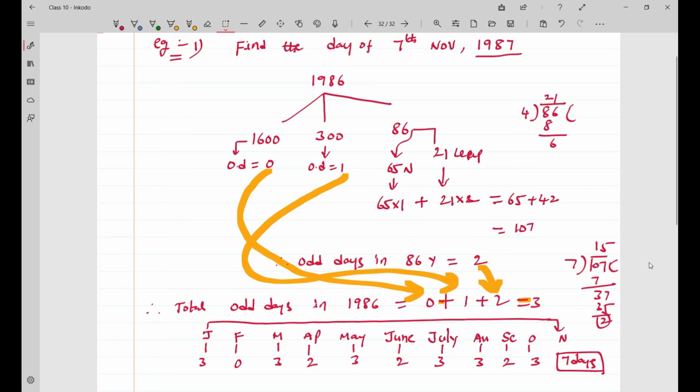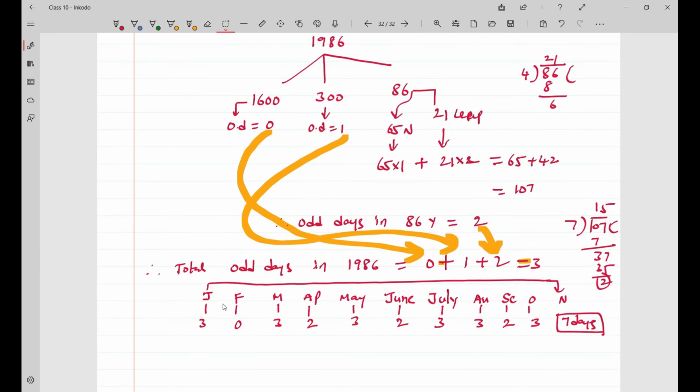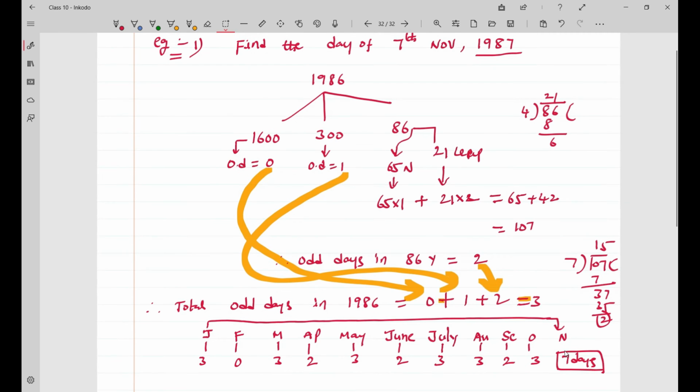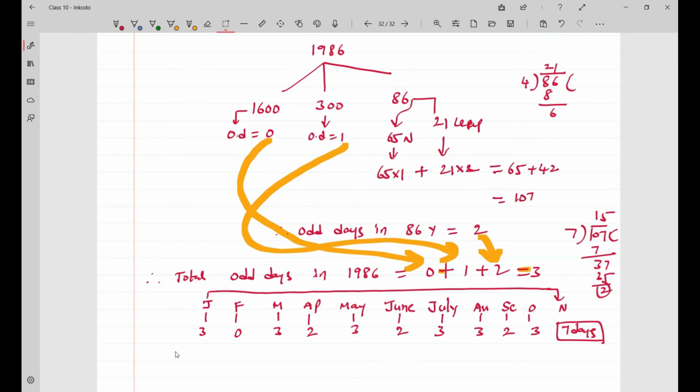We need to find out the day of 7th November 1987. So in 1987 we will write odd days till October only. After that in November we will take 7 days. We are not supposed to take odd days in November because November is not completed. So let's add all the odd days from Jan to October. 3 plus 0 plus 3 plus 2, and here why it is 0?